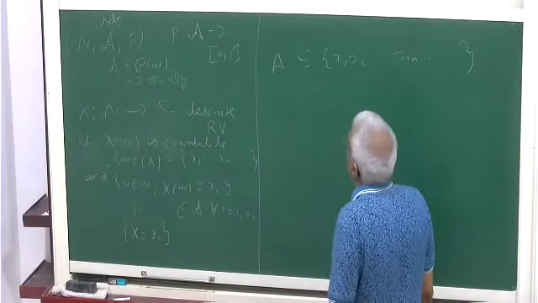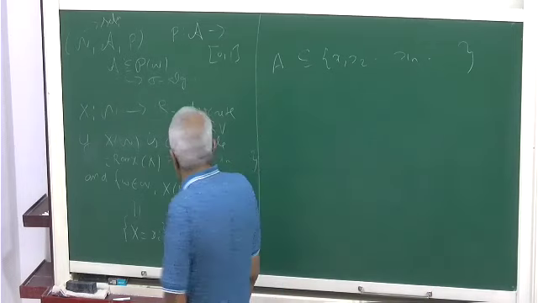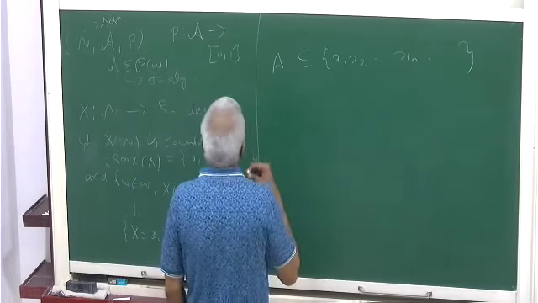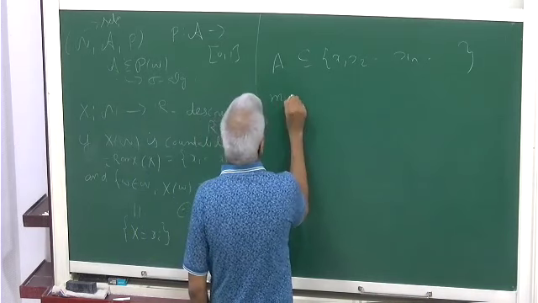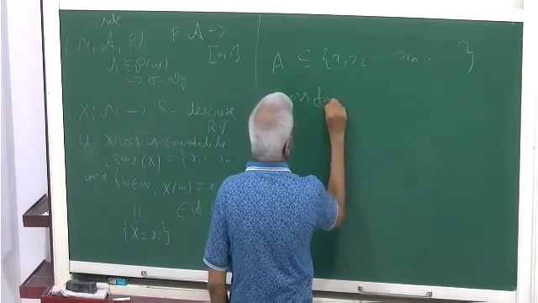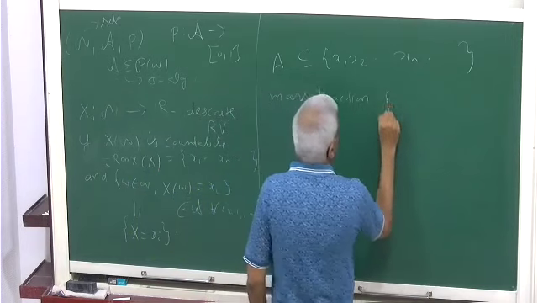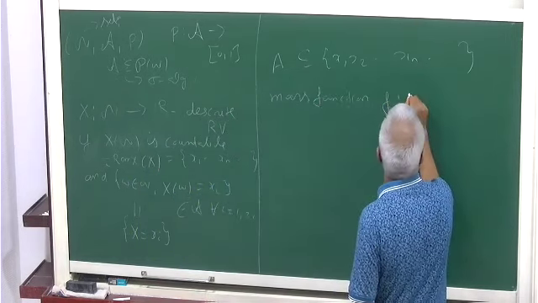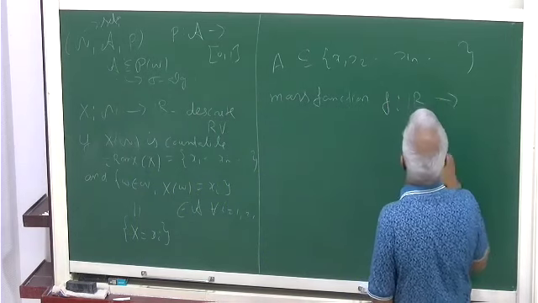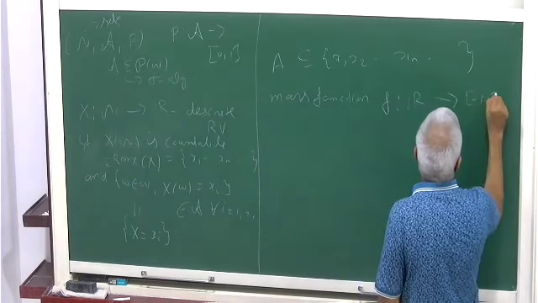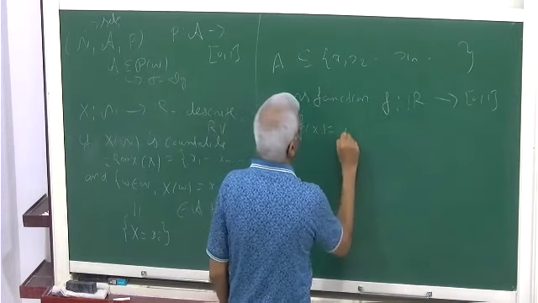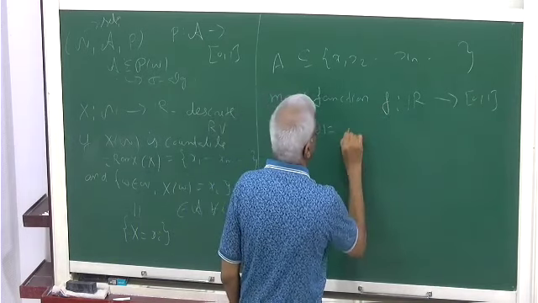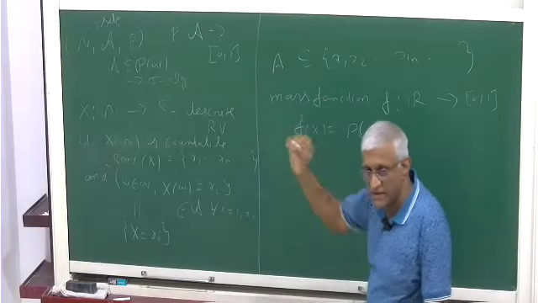Okay, and then we define what is called a probability mass function, or just mass function. f is just a function from R to [0, 1] such that f of x equals the probability P of X equal to x, where X is defined on some omega.